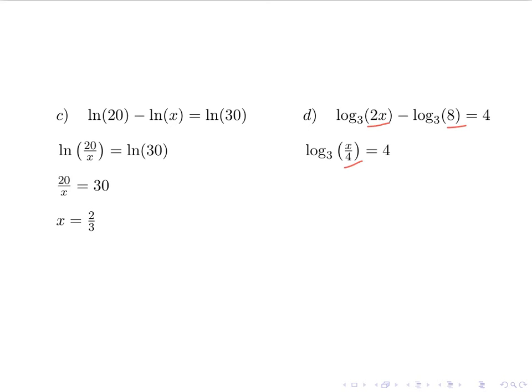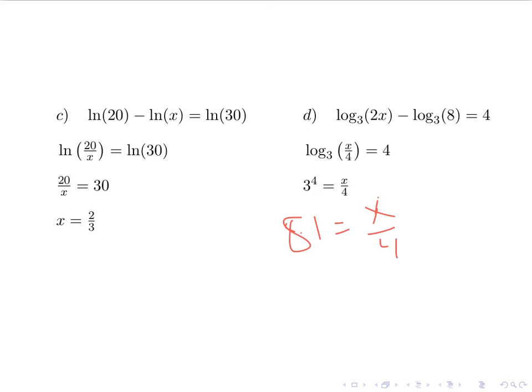Now I have a log equals a number, and I'm going to just translate it back into exponential form. So my base is 3, my exponent is 4, and it's going to equal my x over 4. So 3 to the 4th equals x over 4. And then I solve it. 3 to the 4th is 81.